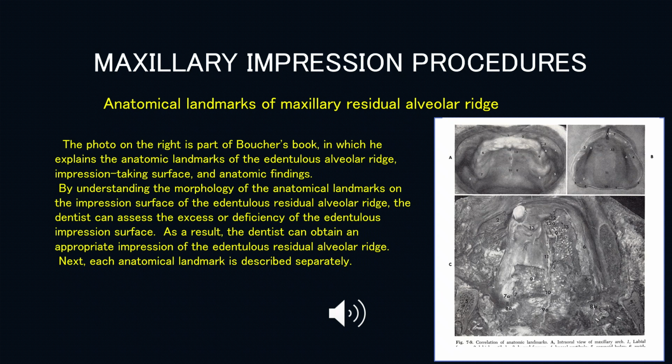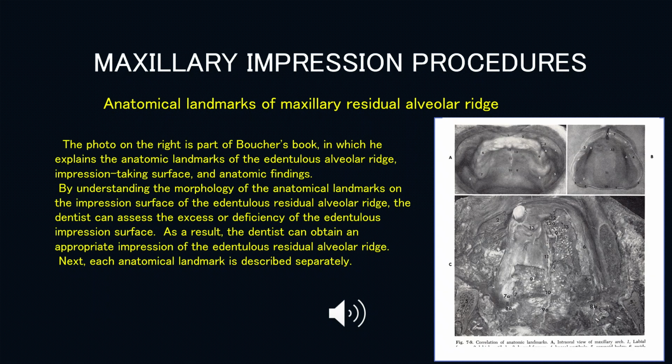The anatomical landmarks of maxillary residual alveolar ridge. The photo on the right is part of Boucher's book, in which he explains the anatomic landmarks of the edentulous alveolar ridge, impression-taking surface, and anatomic findings.